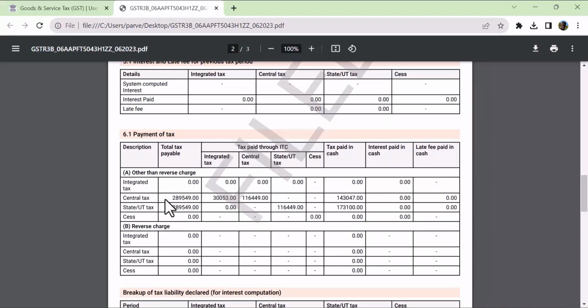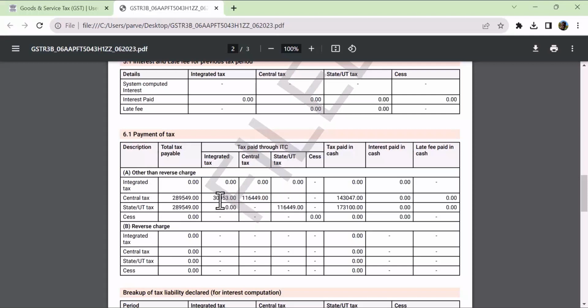So overall the taxes. Now if you look at the payment of tax column here, we have seen that the assessee has collected 2,89,549 on account of CGST and 2,89,000 on account of state tax, which is SGST, and they have input tax credit which is eligible to the assessee.